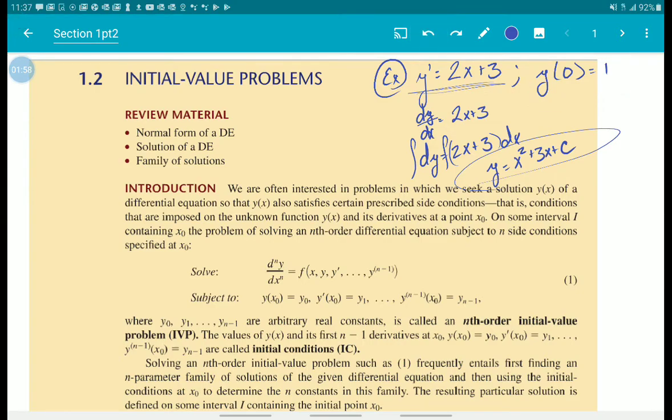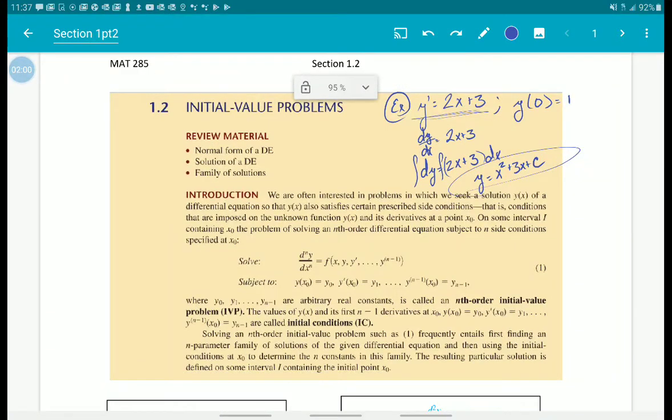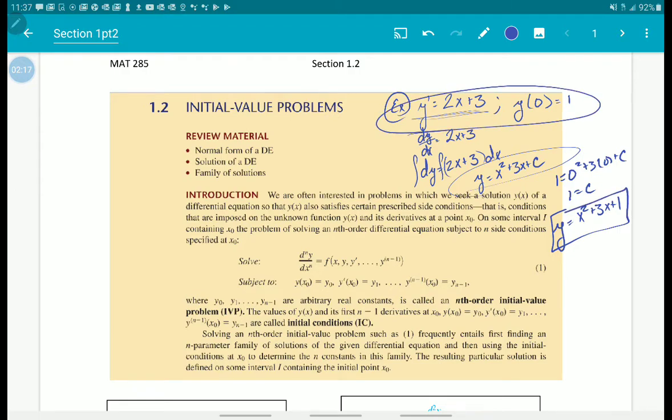So if we were to do that here, we would have 1 is equal to 0 squared plus 3 times 0 plus c, which means 1 is equal to c. So our specific equation, which we would call the particular solution for this initial value problem, is y equals x squared plus 3x plus 1.